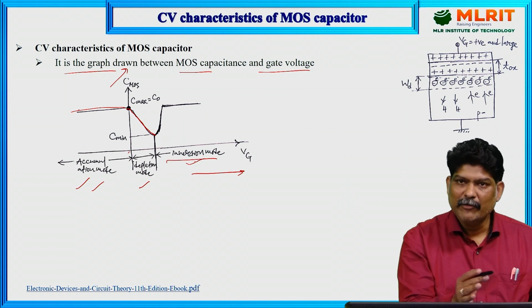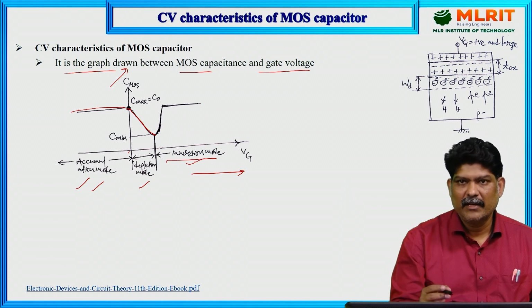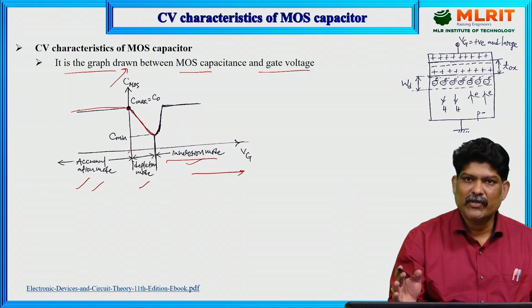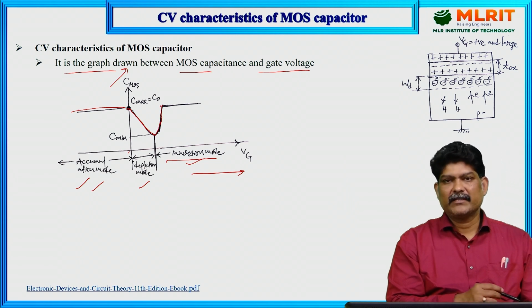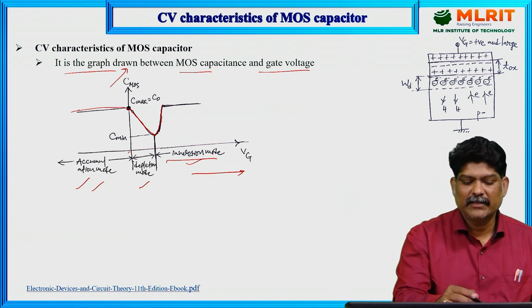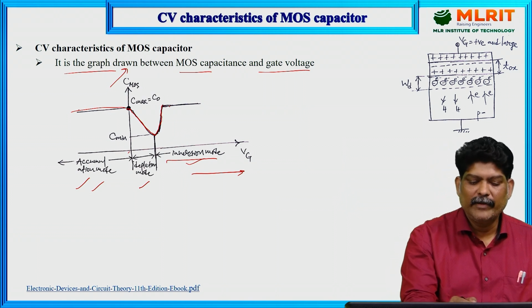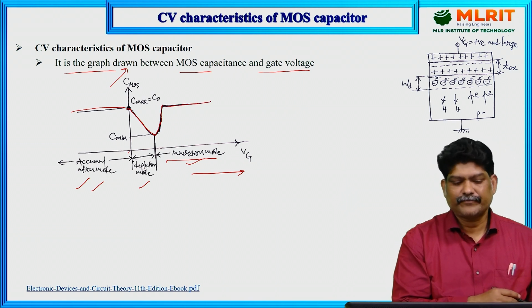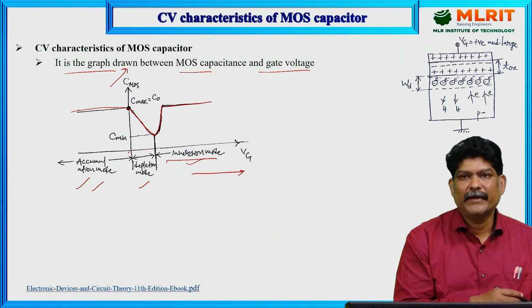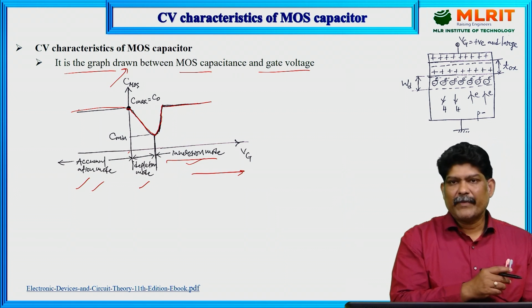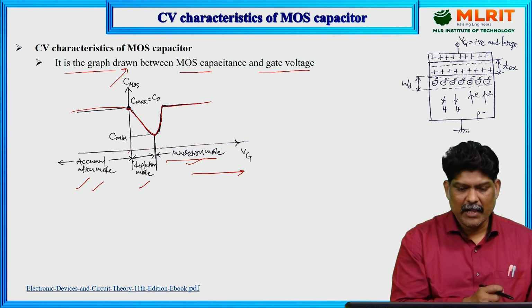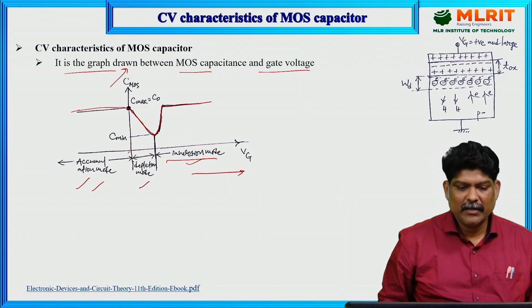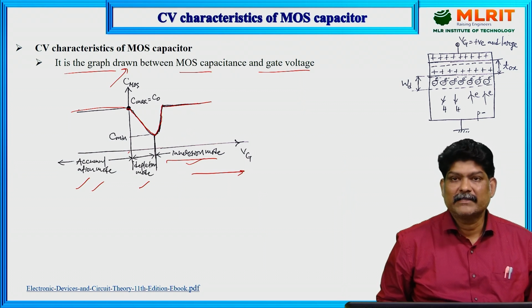If you keep on increasing the positive voltage, there is a linear increase in the MOS capacitance up to some extent, and after that it will be constant. This is the basic capacitance versus gate voltage curve. So that's all about MOS capacitance characteristics.